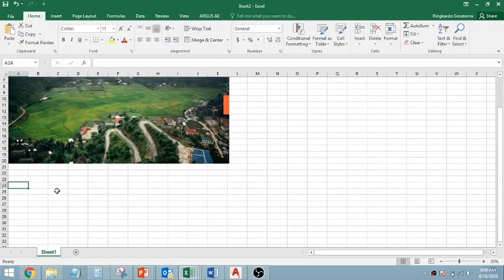So the first step is we get the information of the property itself. This is the property information.